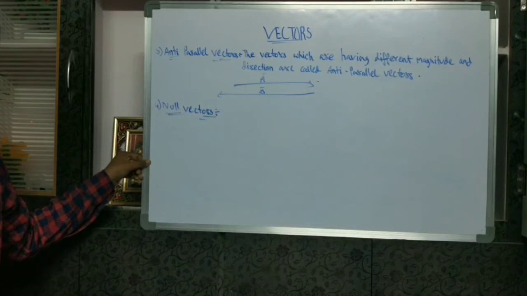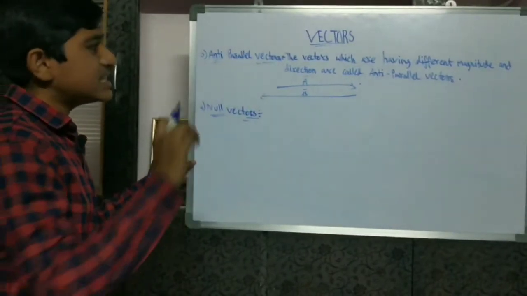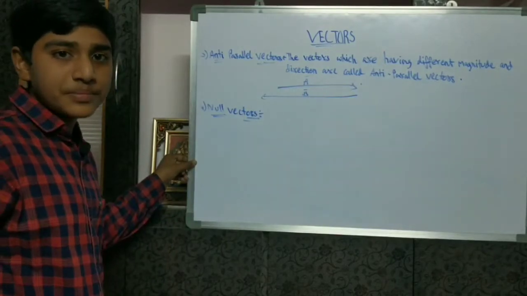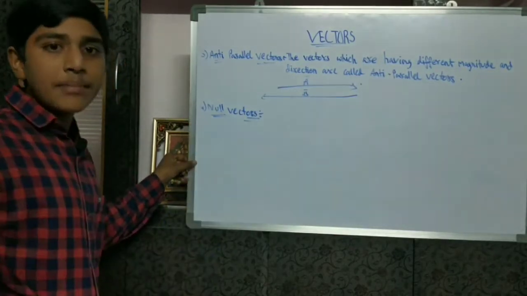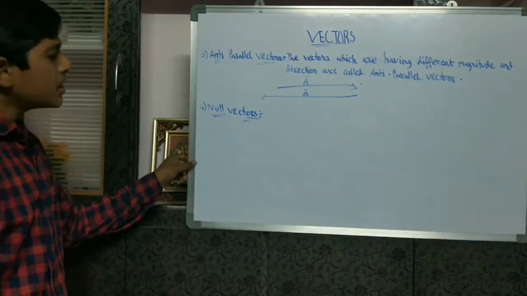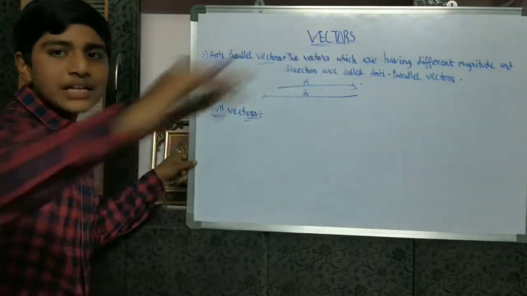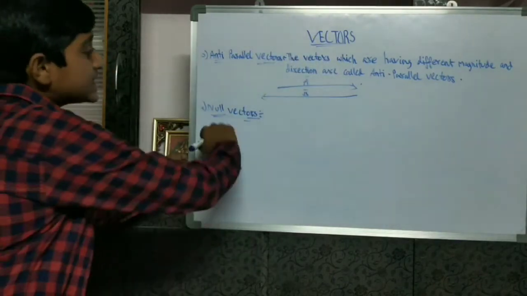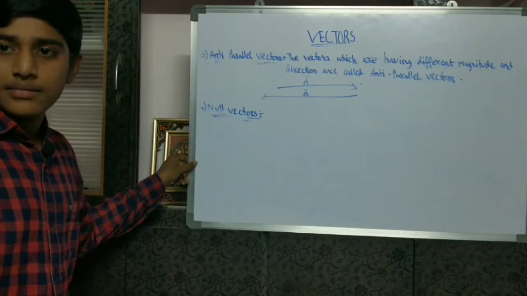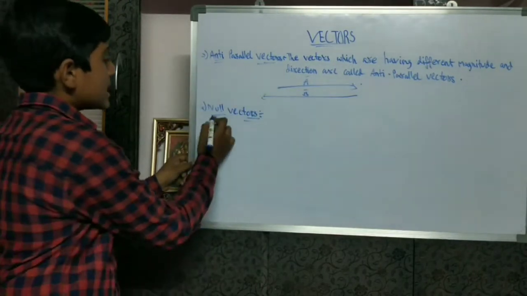A vector, in general, has both magnitude and direction, but in a null vector only the magnitude is 0. Its direction is indeterminate. Its direction cannot be determined. And that is a null vector.